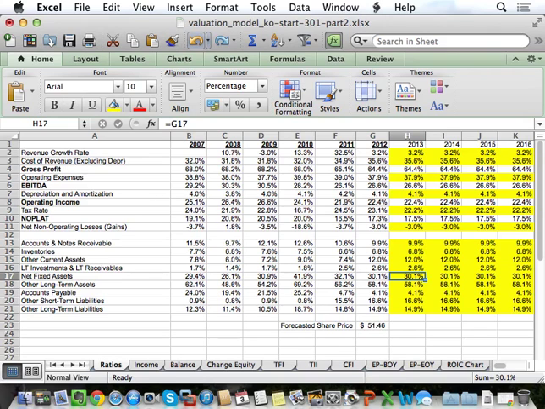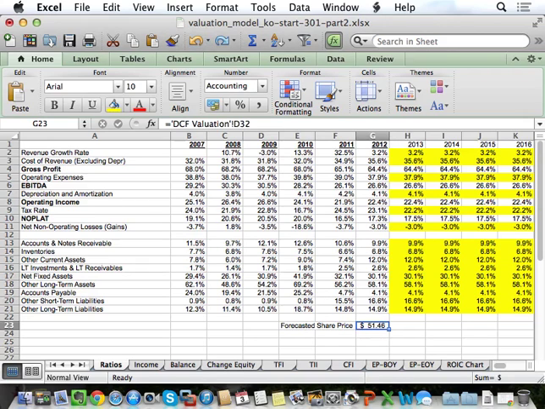When you actually do your valuations, you're going to do 2 valuations. Right? The first is going to be called an as-is valuation. So if Coke's current stock price is $40.44, what we're going to next do is change these assumptions to get the share price very close to $40.44. That's called an as-is valuation. Right?